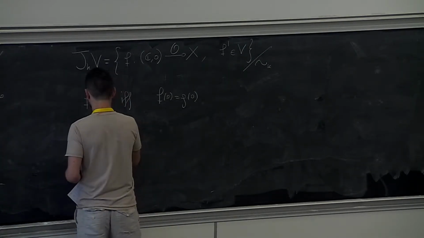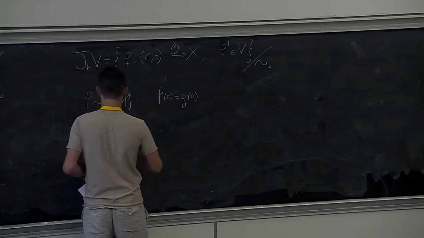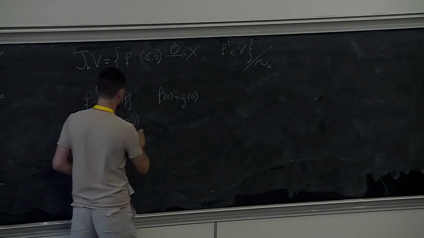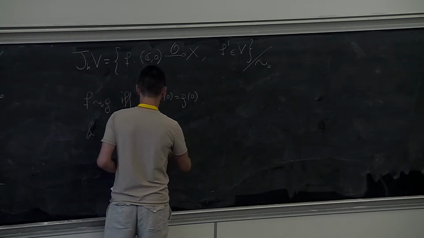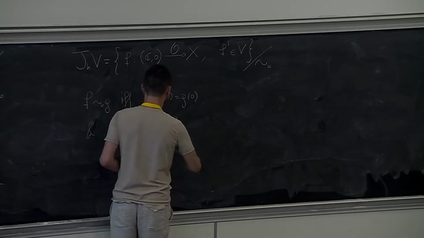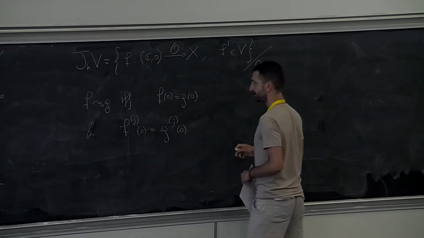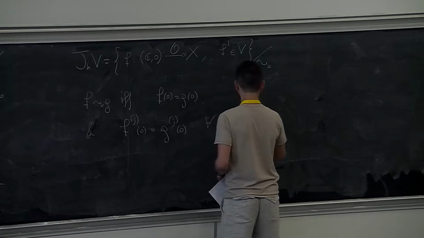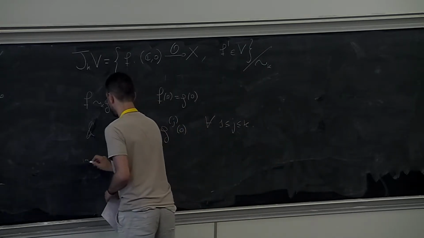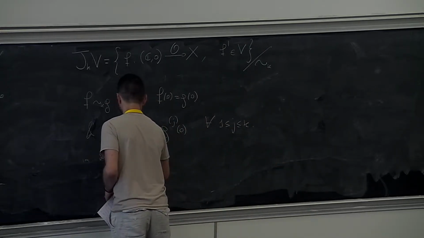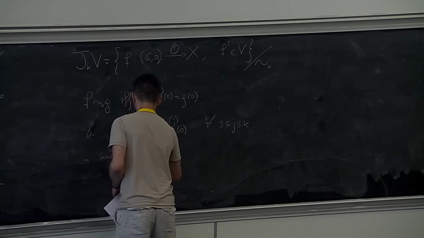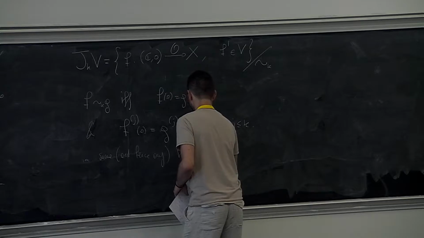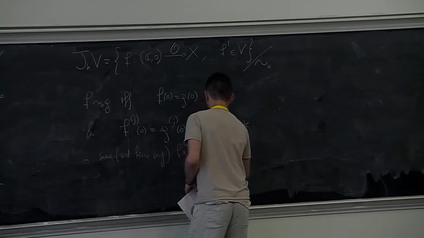And the jth derivative at 0 of f is equal to the jth derivative at 0 of g, for all j from 1 to k, in some fixed, and hence any, holomorphic coordinates.